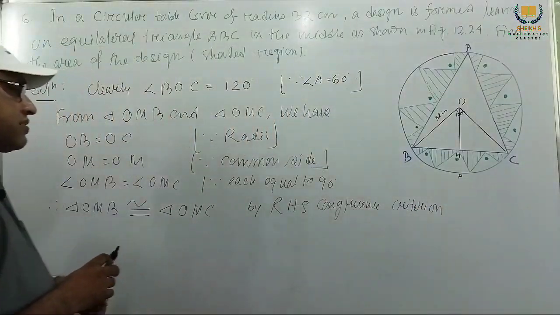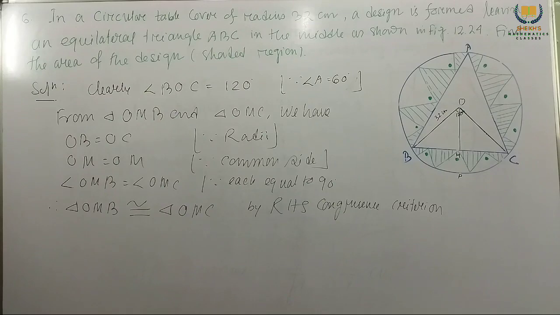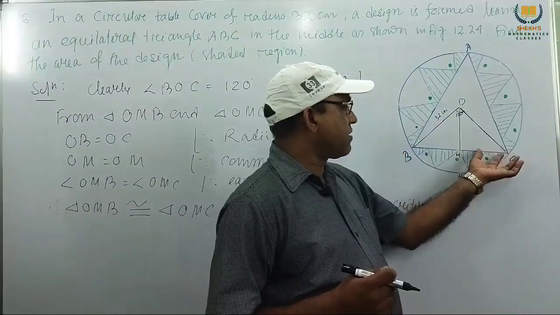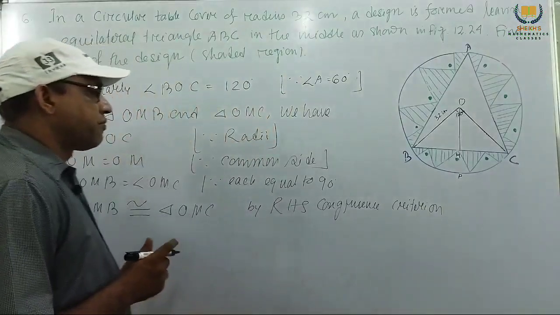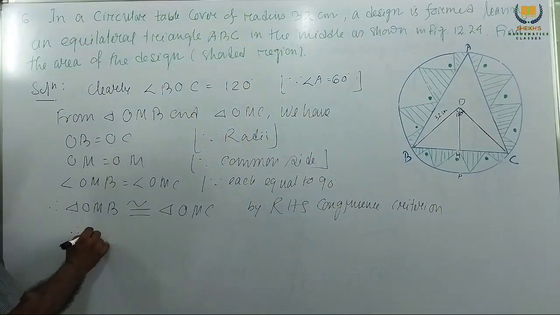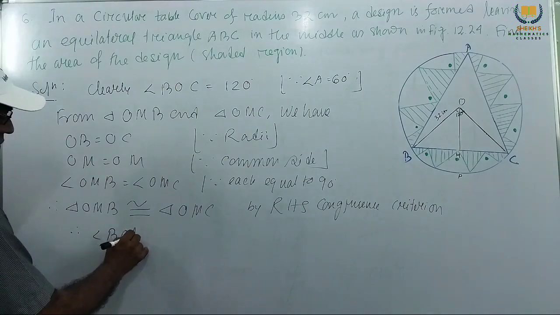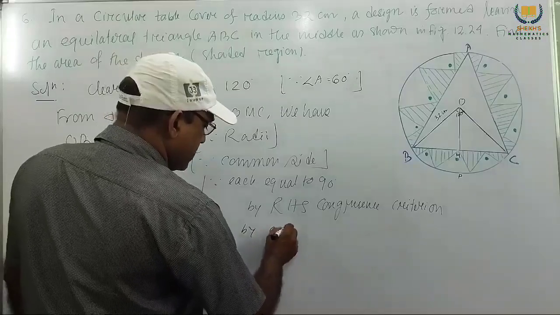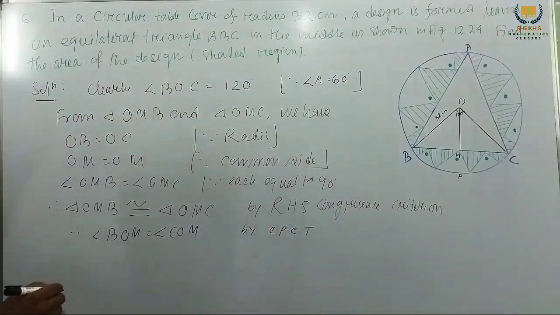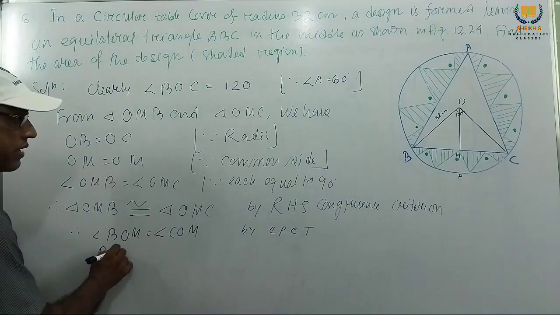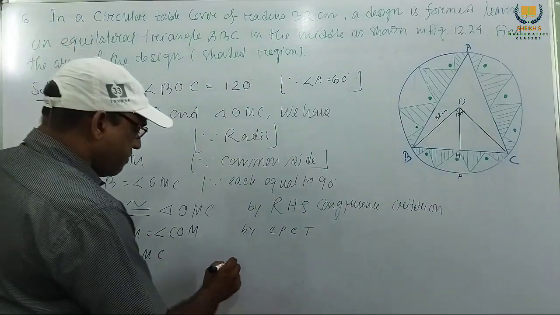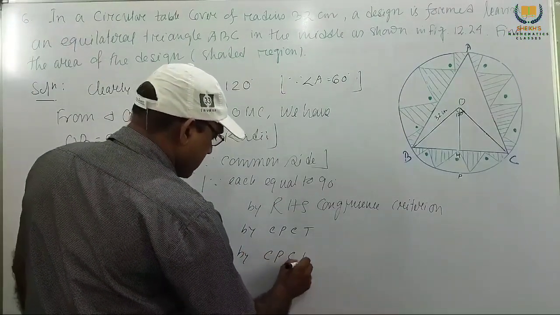By the RHS congruence criterion, these two triangles are congruent. If these two triangles are congruent, then this side equals this and this angle equals this. Therefore angle BOM equals angle COM by CPCT, corresponding parts of congruent triangles. Side BM equals MC by CPCT.